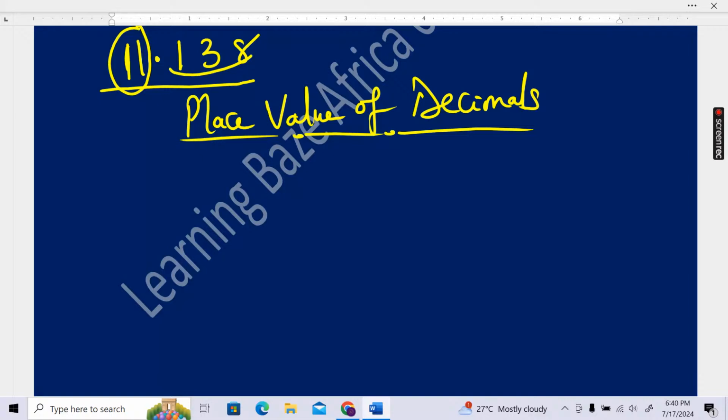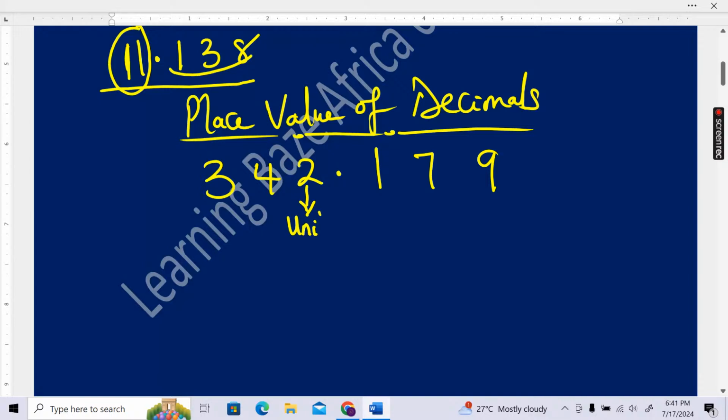If we have 342.139 or 0.179, 342 is a whole number. For the whole number, the last digit is in the unit place. You call it units or ones.